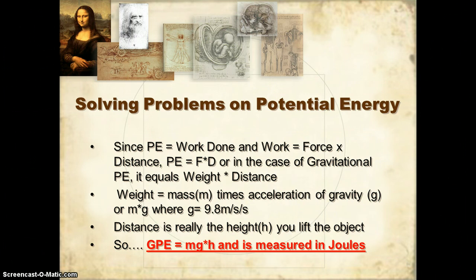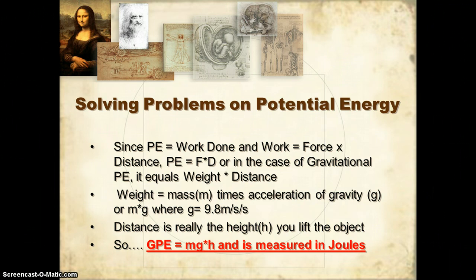So how do we solve problems on potential energy? We're always solving problems in physics. Potential energy, like we said, is equal to the work done, and work equals force times distance. So therefore, we would say potential energy equals force times distance. Or in the case of gravitational potential energy, it would equal weight times distance.